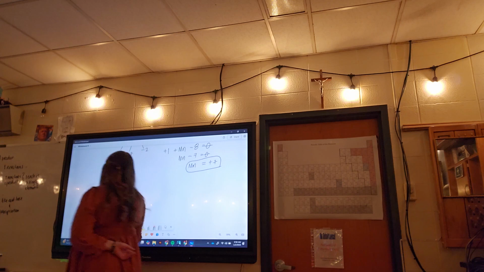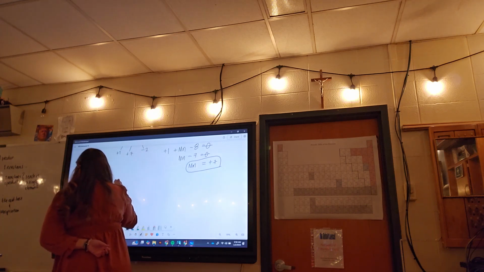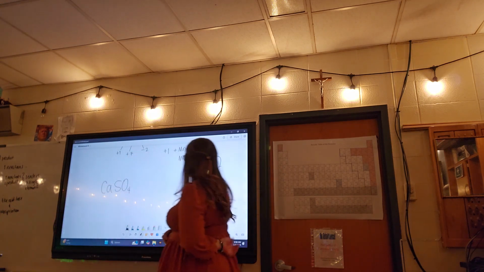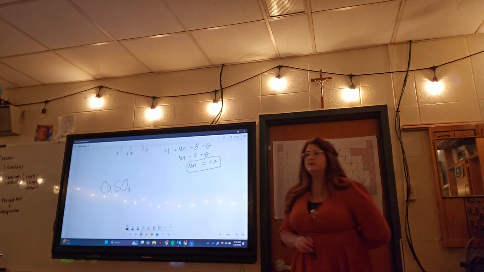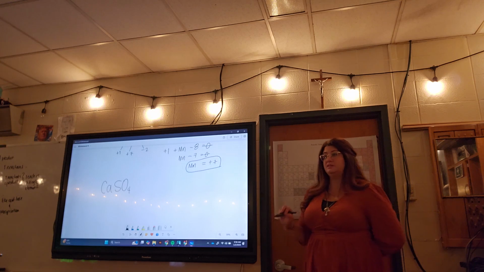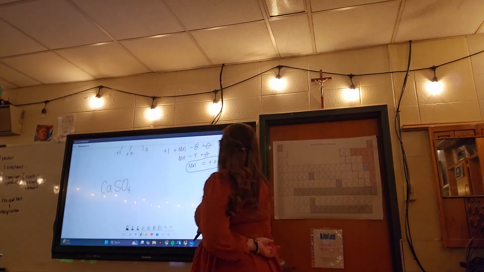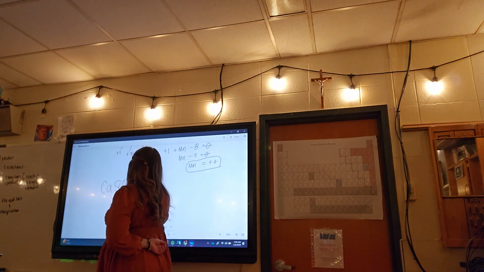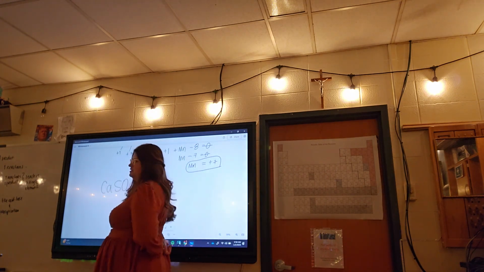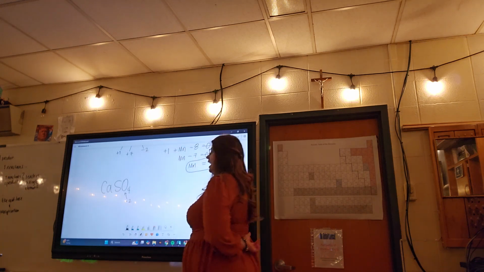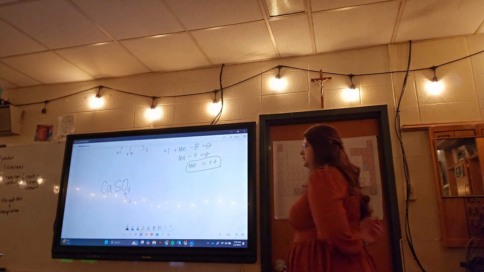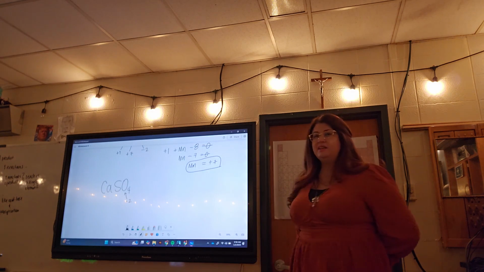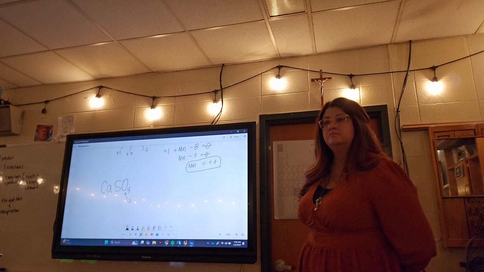All right, let me give you another one. Let's try calcium sulfate. Identify the oxidation numbers of all of the species in this compound. Right away I see the O, and I'm just going to slap my -2 down there because I know that's a thing. What is calcium's oxidation number?